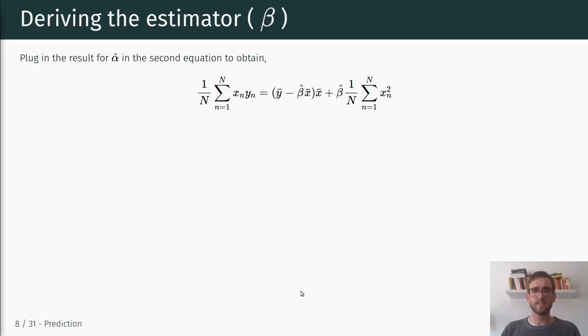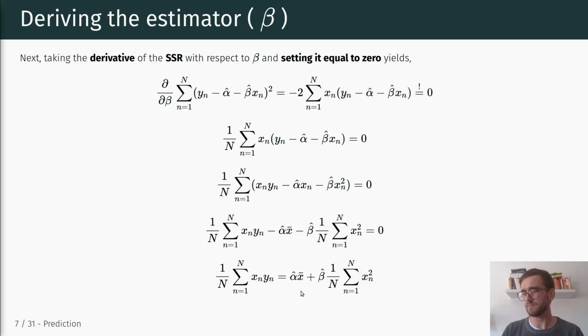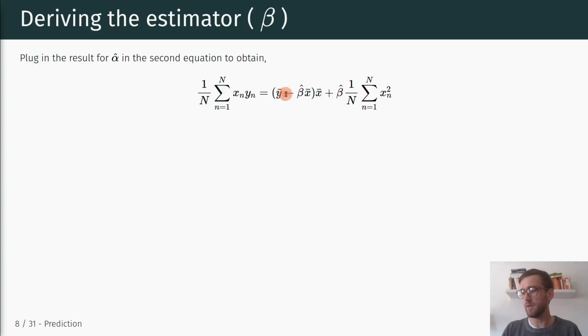Now, the next thing that we're going to do is plug in the result for alpha hat in the second equation. See this alpha hat here, alpha hat times x bar. We use the result for alpha hat that we had previously, alpha hat equals y bar minus beta hat x bar.